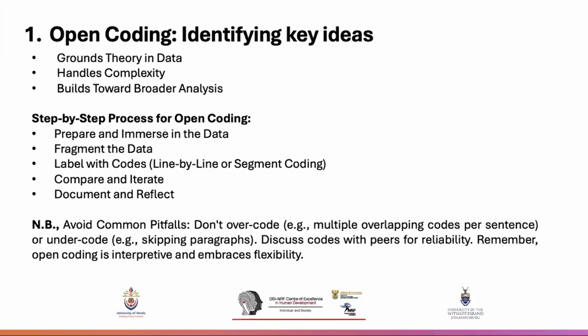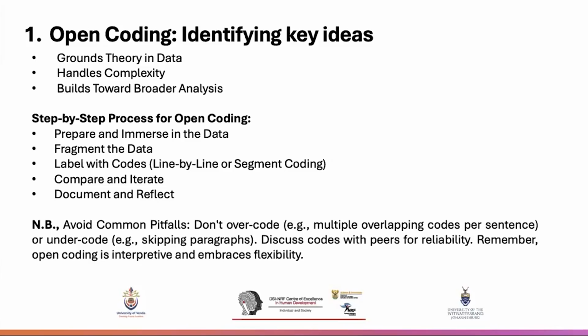Once you have fragmented your data, this is followed by labeling your data with actual codes, and you do this on a line-by-line basis. From there, you compare and iterate. You start looking at your different codes: which ones are closely related, which ones are showing the same thing, and which ones can be grouped with one another.